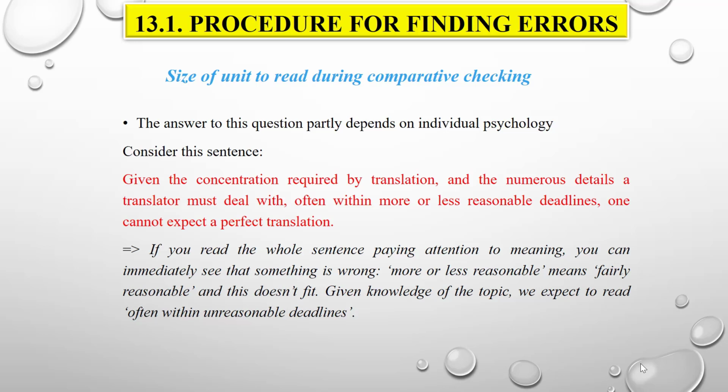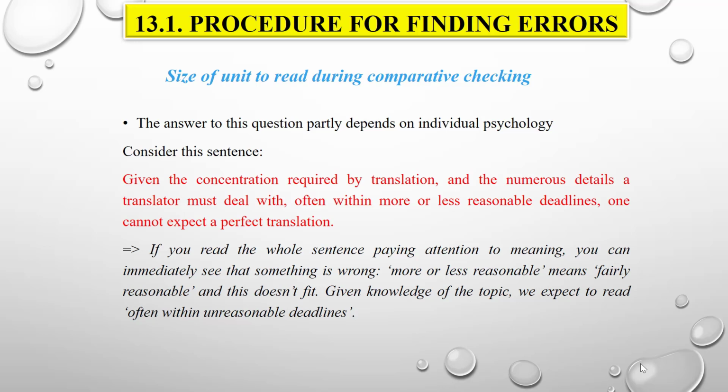One general principle does seem valid. Avoid reading a very small unit in one language and then turning to the text in the other language. Such a practice will not give you enough context, and it will increase the chance of your overlooking bad literal translations.